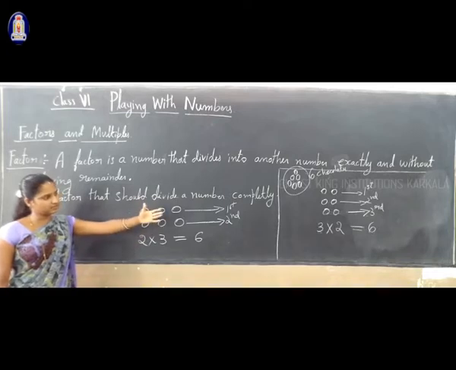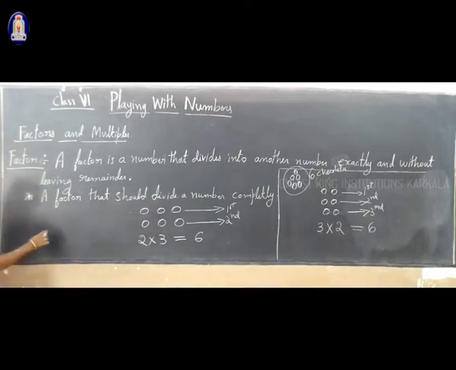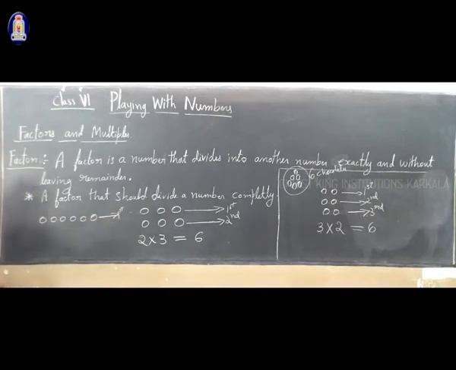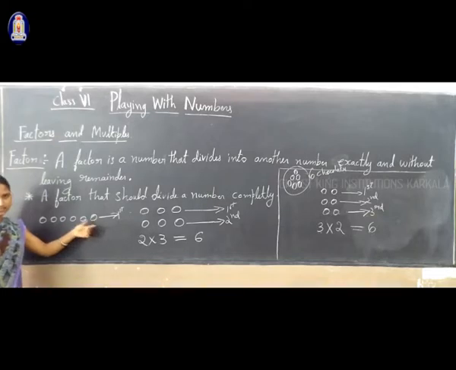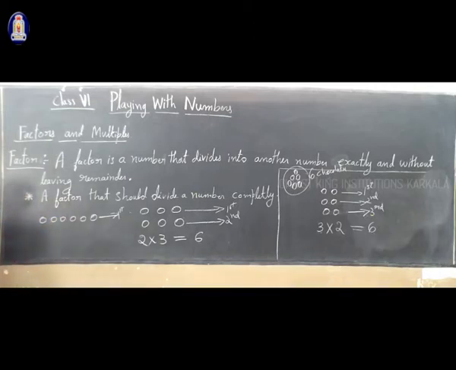So this is the first method. Now, can you arrange in another order? For example, if I consider only one row, how many chocolates can you keep in one row? If you keep all 6 chocolates in one row: 1, 2, 3, 4, 5, 6. We kept all the chocolates in one row. Now this is how we can write it.